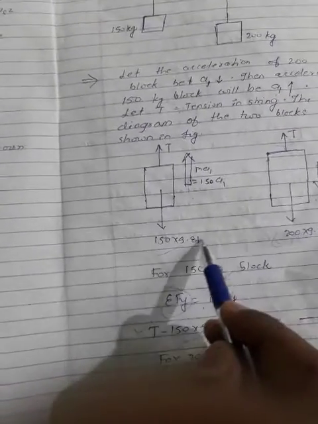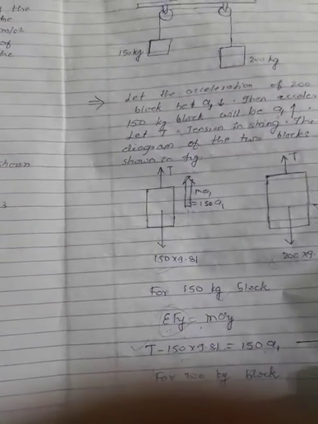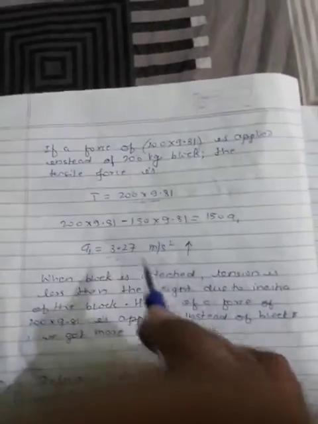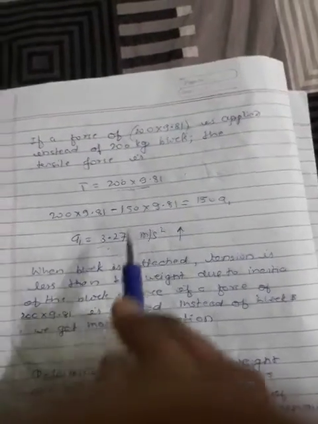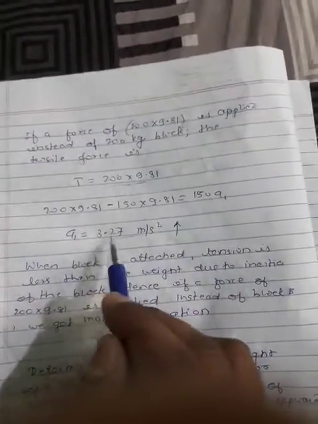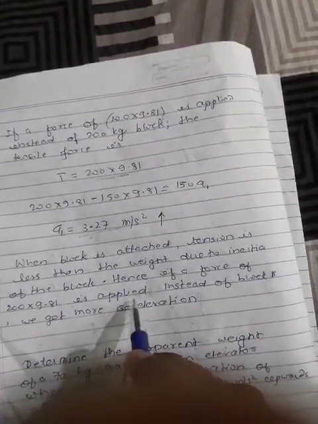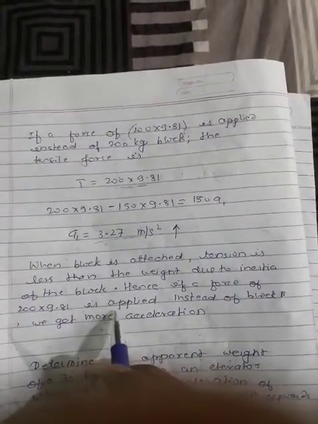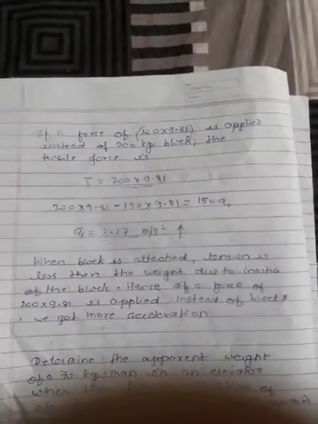Now in the second case I am replacing 150 into 9.81 by 200 into 9.81, so I will get the acceleration A1 as 3.2 meter per second square. So from the values I have calculated, I can say that if we apply a force of 200 into 9.81 instead of block B, we get more acceleration.